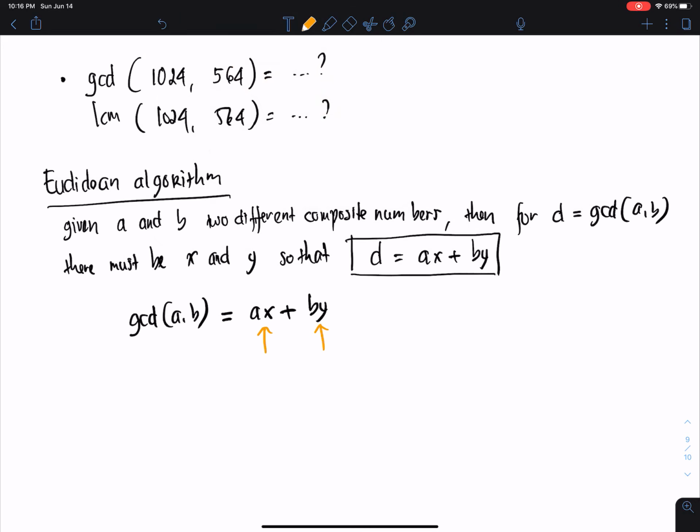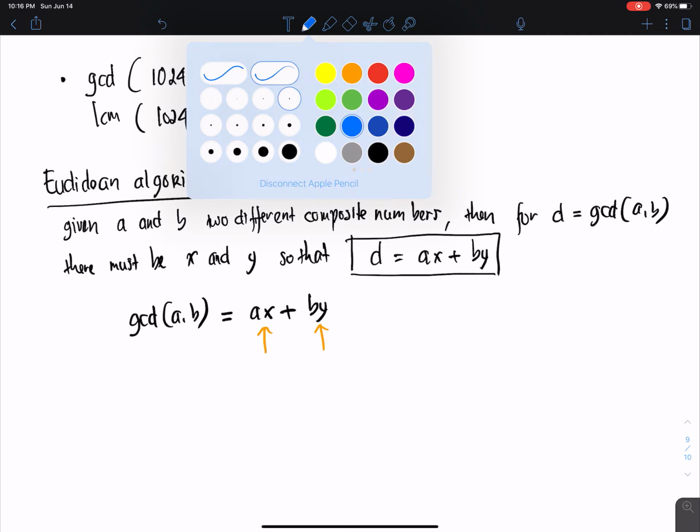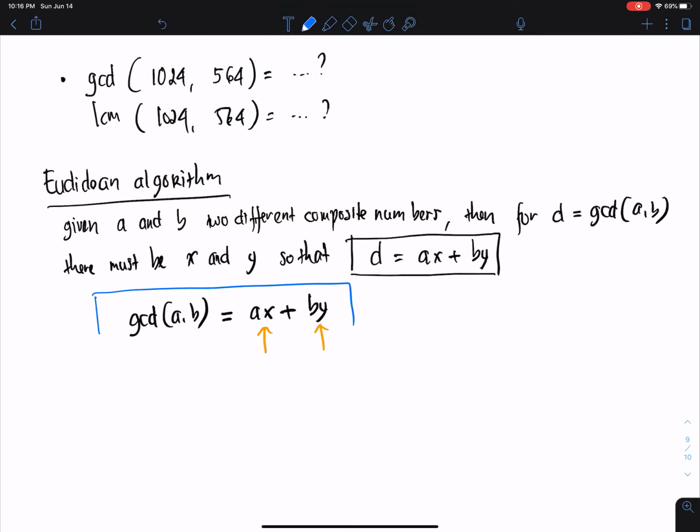Now to do this, we have a specific method to find this x and y, and at the same time you can find the GCD without needing to determine the prime factorization first.